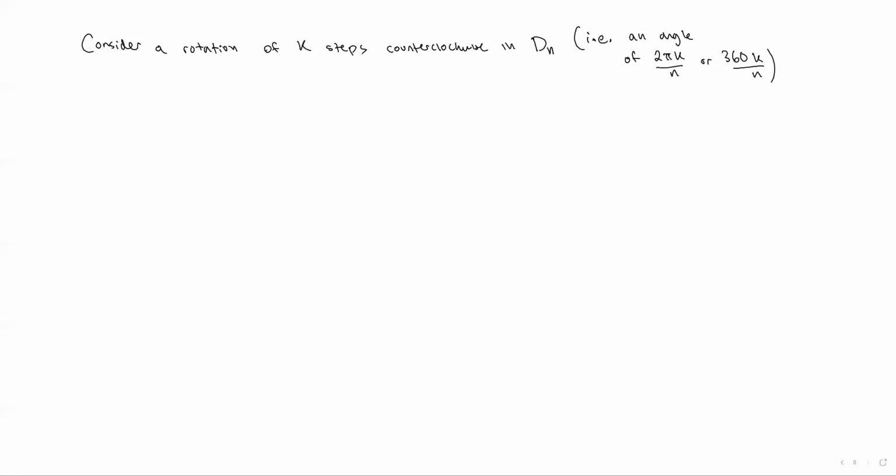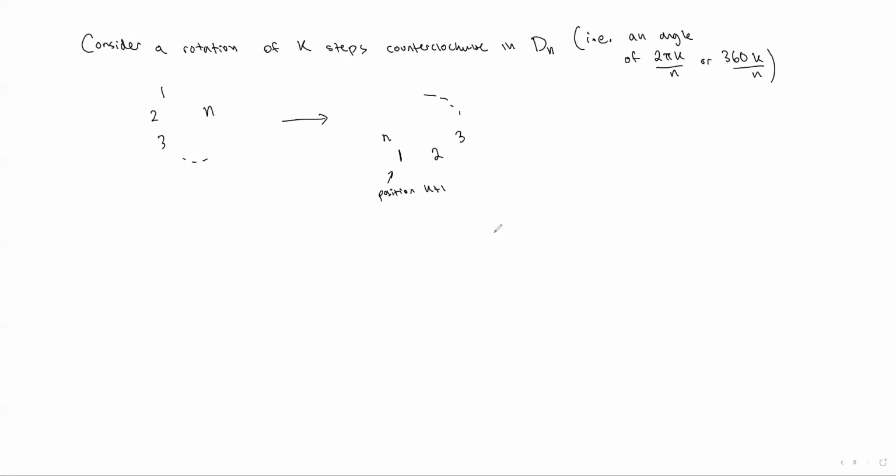Because in reality, if you have 1, 2, 3 to n, then 1 is going to position k, position k plus 1, and then it's 2, 3 up to n. So that's all that's really happening.